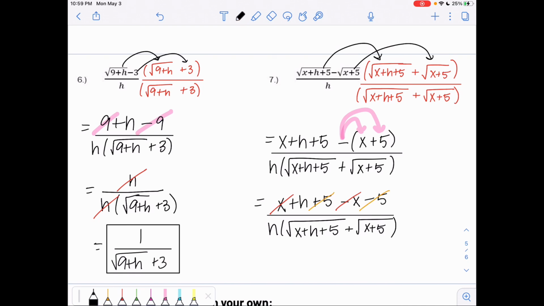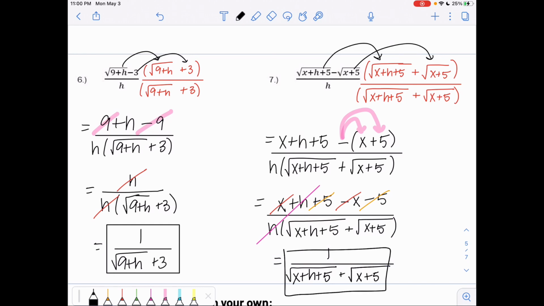All that will be left over on top is an h, but I do have the h on the bottom, so I'm going to go ahead and cancel that as well in one step, just because I ran out of space. So now on top, I just have 1 over that whole denominator, square root of x plus h plus 5 plus square root of x plus 5. And this would be your final answer here.